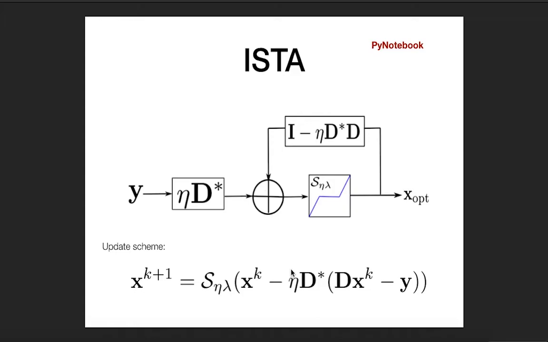I wrote it this way because I want to use it in the next lecture. One thing that was proposed in 2010 was that this looks like a neural network, right? Basically this is your weight matrix, this is your input, and this is your ReLU. I mean, this is not exactly your ReLU.